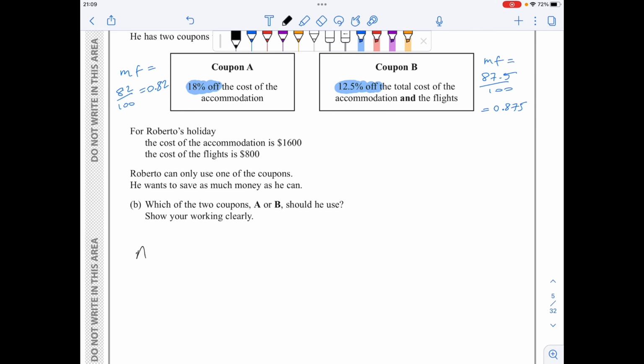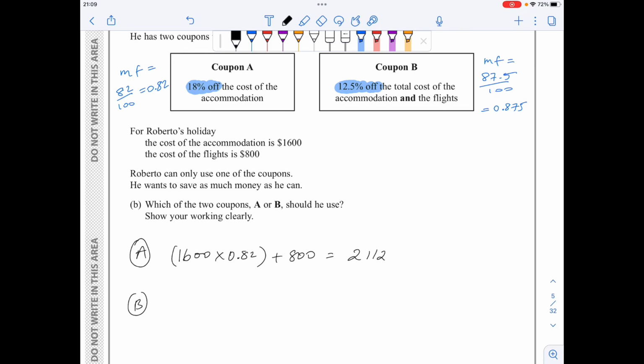So using coupon A, you get 18% off the accommodation, so 1600 times 0.82, and then I need to add the flight cost, which is 800. This will give me 2,112.